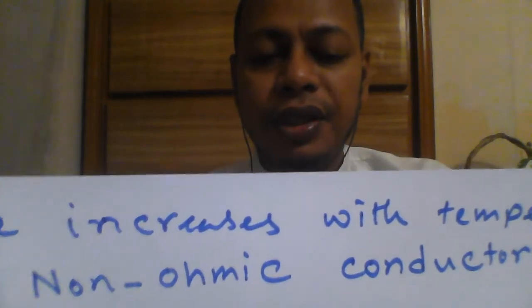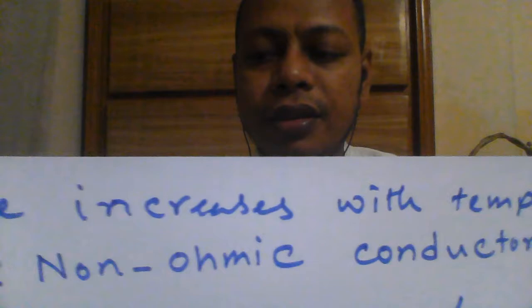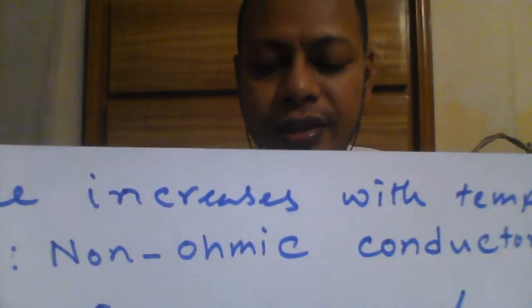If we take V by I, that means we are getting the resistance. Look, I am writing here. If we get the V by I here, that is R, it is the gradient.